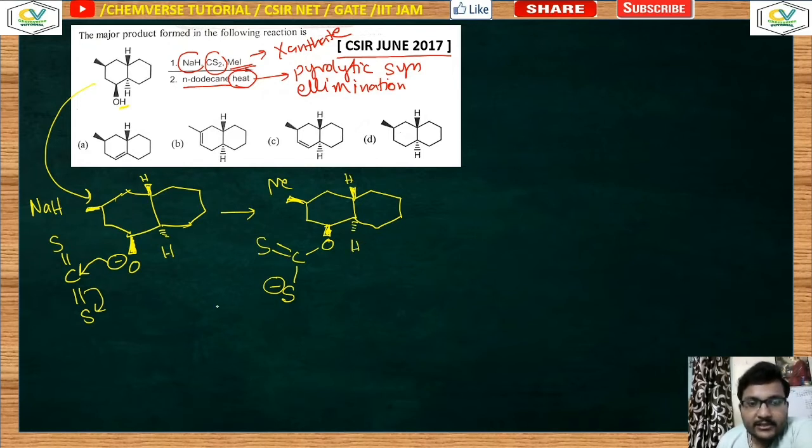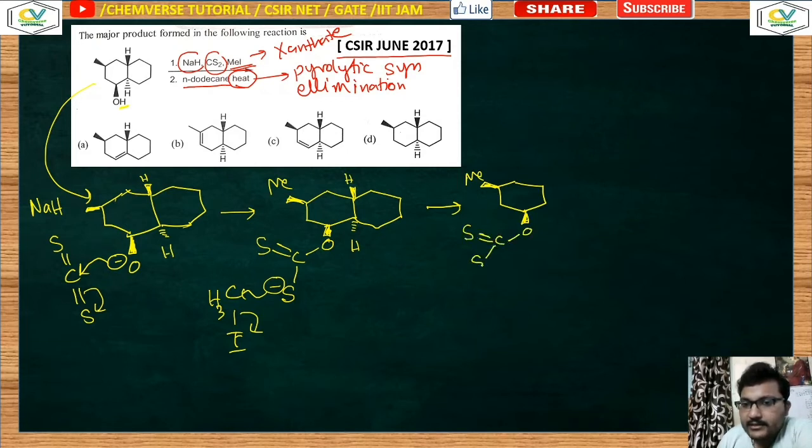Now look at this, there is methyl iodide. So it will attack at this carbon. So there will be SMe. So the structure will be something like this. It is methyl, it is oxygen C, double bond S, SMe, and the rest of the portion is present here.